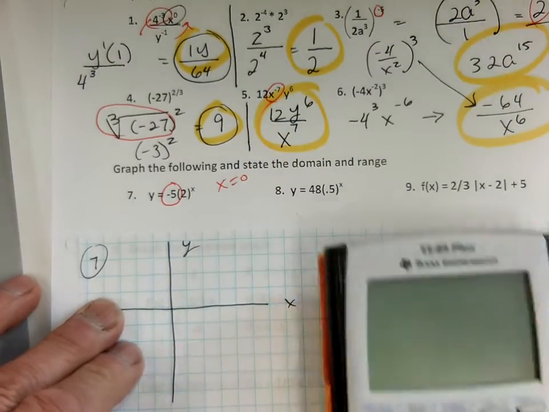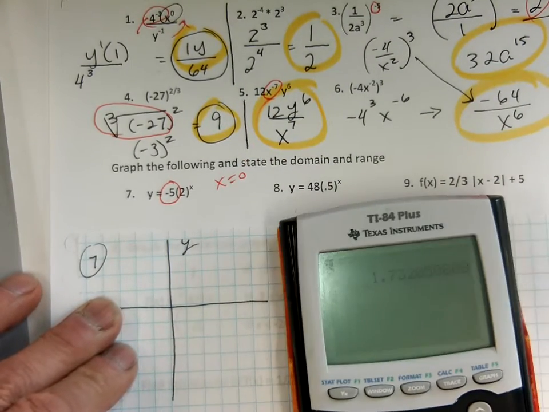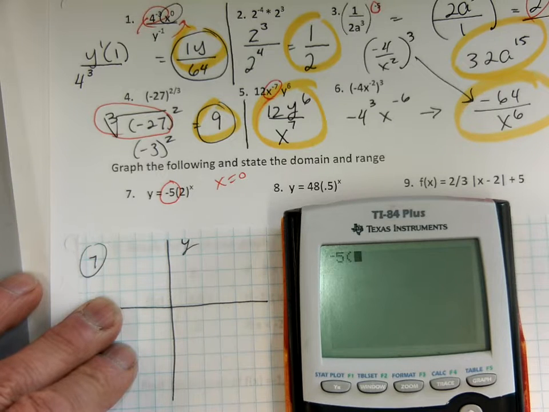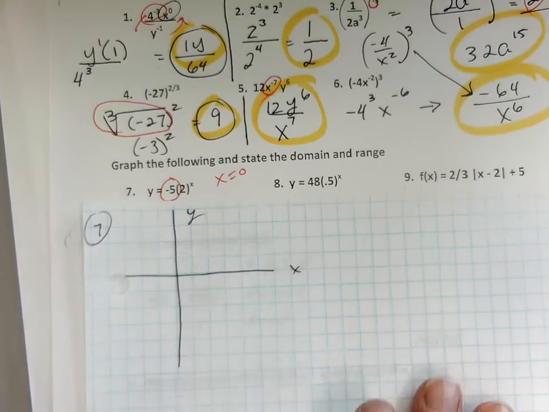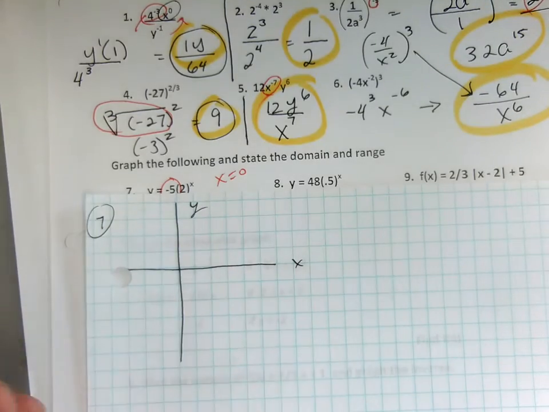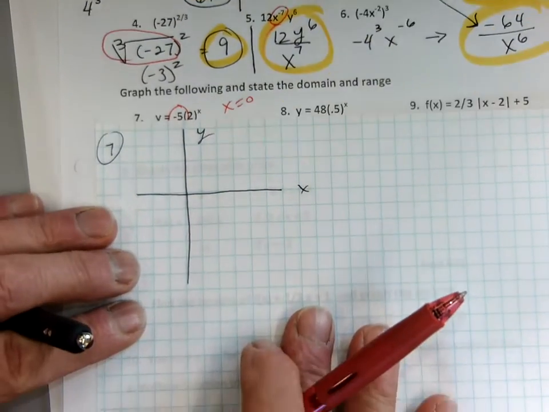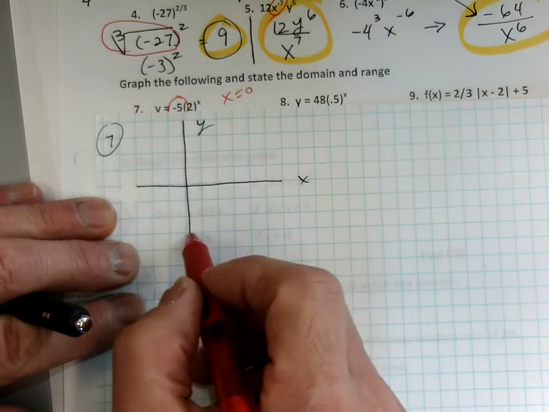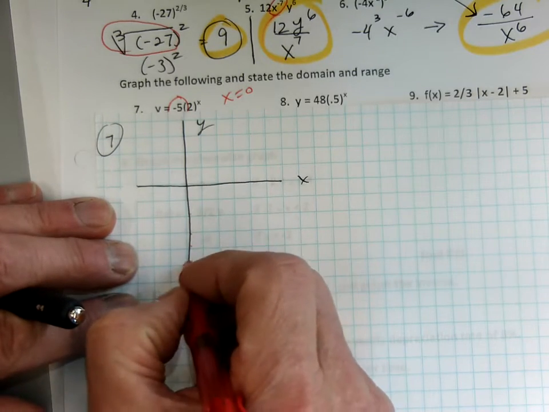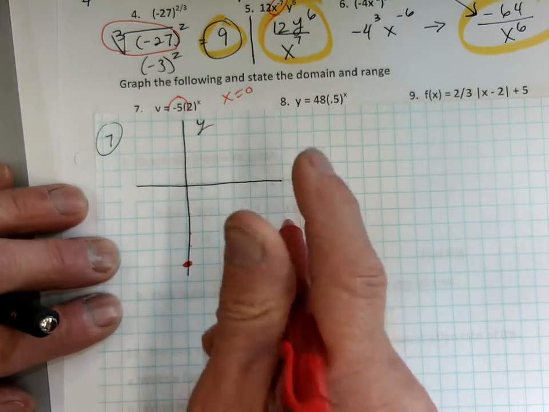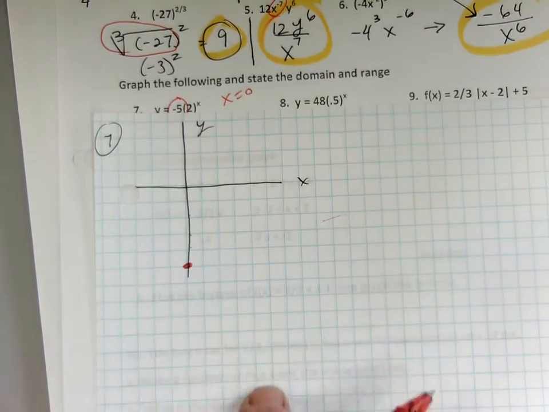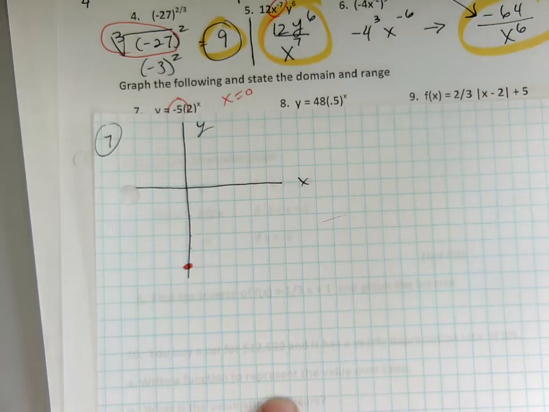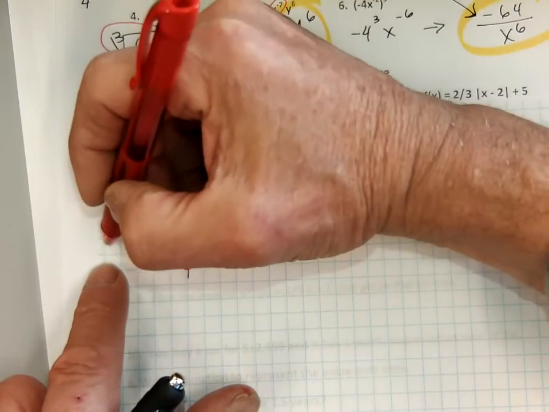You can check your calculator if you want to. Negative 5 times 2 to the power of 0 is negative 5. So I'm going to start at negative 5. Then you double that, negative 10. You double that, negative 20. So the graph's going to take a dive. So I'm just going to graph it like this.